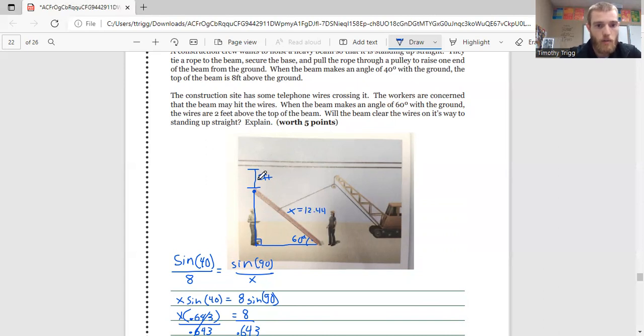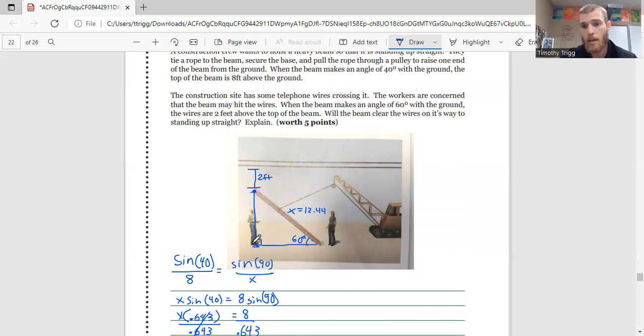The wires are 2 feet above the top of the beam in this case. So now we know how tall the beam is. We know the total length of the beam. What I want to know is, how high are the wires? So we know that this is 2 feet here, but if I could find this amount, then I could add this amount plus 2 feet. That'll tell me the height of the wires.